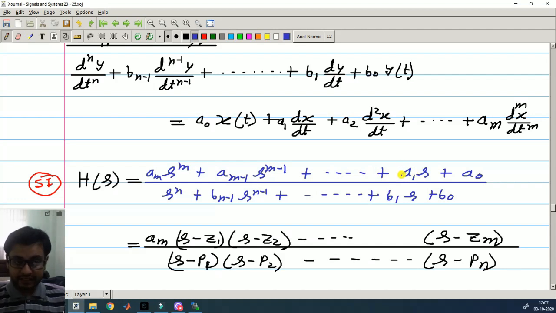That is necessary because we are getting this transfer function from this differential equation, and for a real practical system, the governing input-output relations must have real coefficients, because in practical life we cannot have any physical quantity which is complex.